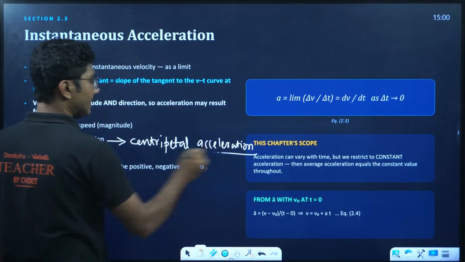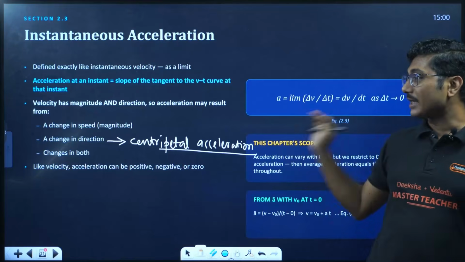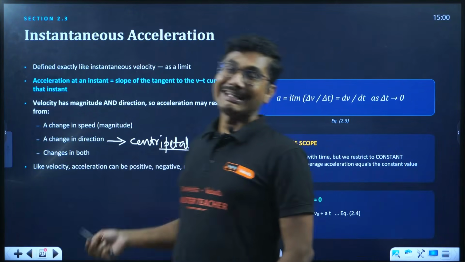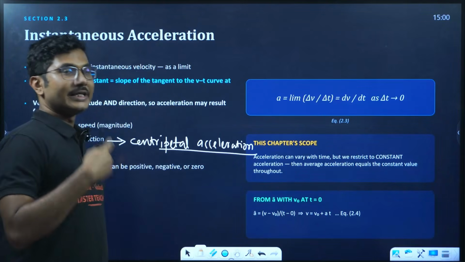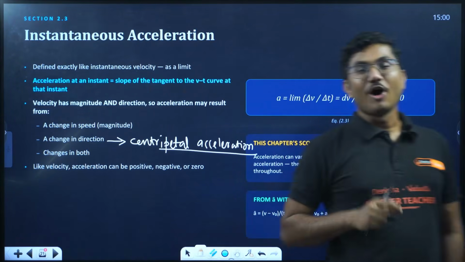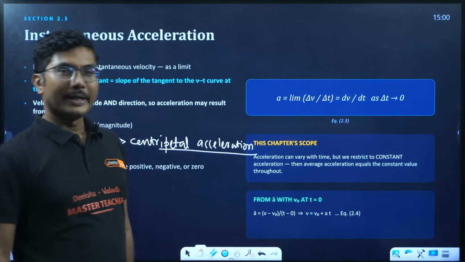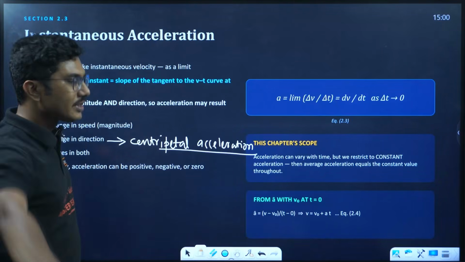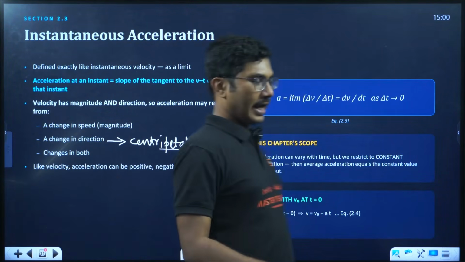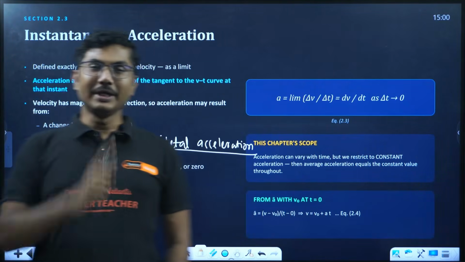We will see in the next chapter centripetal acceleration that actually arises due to change in direction. It occurs because of change in direction, even though the magnitude of velocity or speed itself remains the same. But if the speed is changing, obviously there will be an acceleration, and if velocity is changing only by direction also, there will be an acceleration.